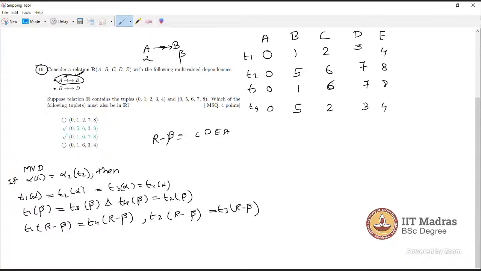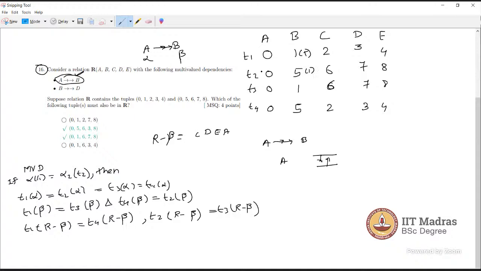Now how to check whether this approach is correct or not? A multi-determines B means that if we keep A the same and interchange the B values, we get the same resultant table. So I am changing this B: instead of 1 it is 5, and instead of 5 it is 1.